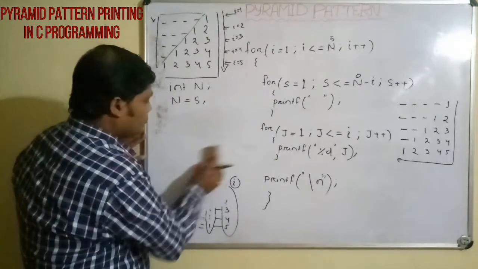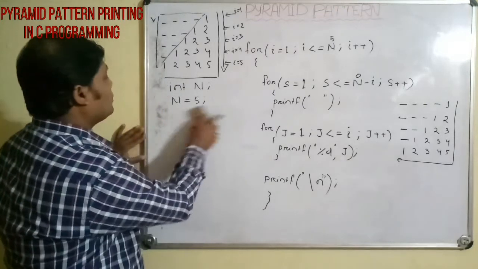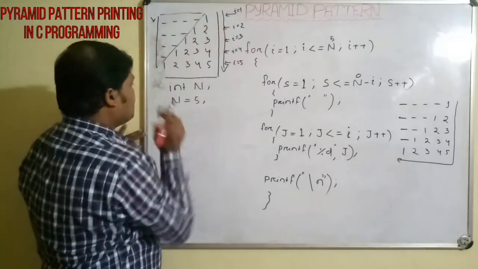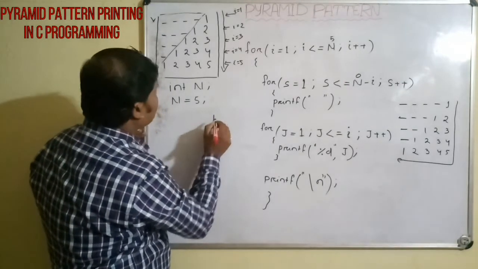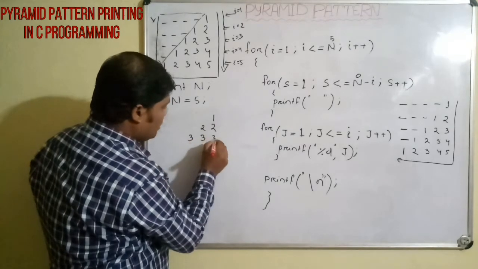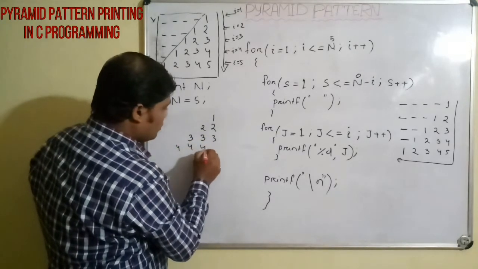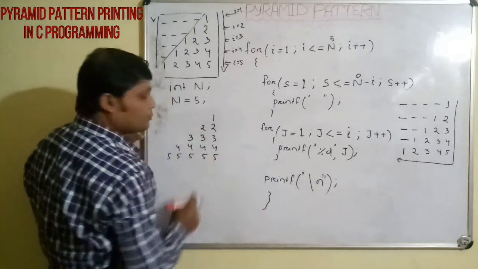Just see. Suppose instead of this pattern, this is 1, this is 2, 2, this is 3, 3, 3, 4, 4, 4, 4, 5, 5, 5, 5, 5.